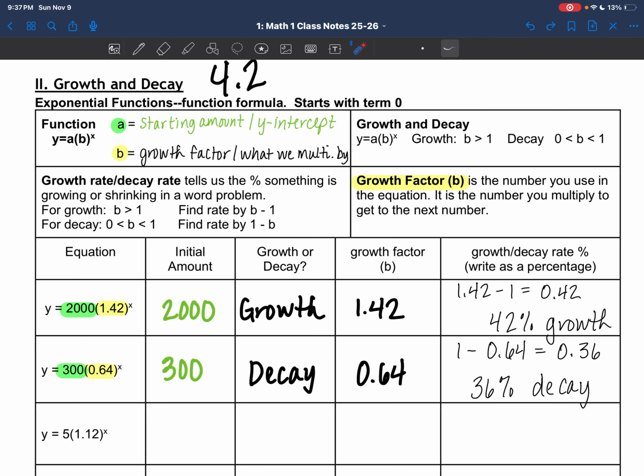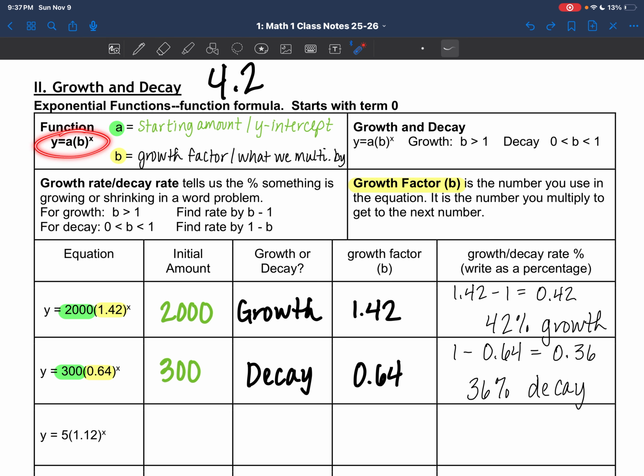For this, we're going to look at all the information that's provided. In our equation, we see a number right here that's outside. That is your A, which is your y-intercept, or your initial amount. Now we're going to look at B. Since B is greater than 1, we know it's going to be growth.